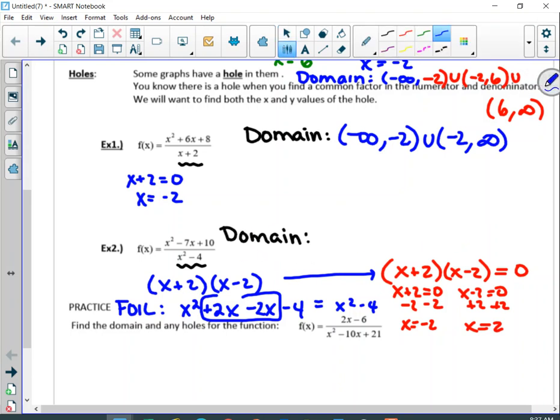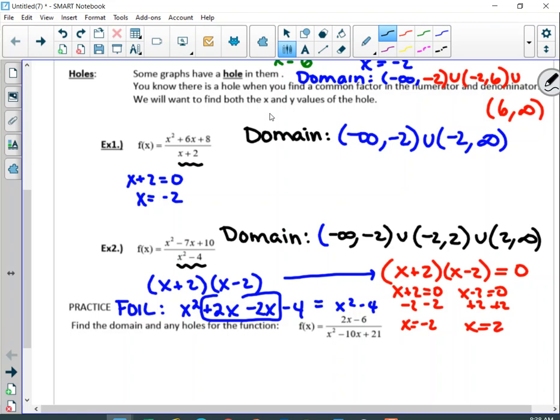Then when I create my domain, I'm going to go negative infinity to -2, and then -2 to 2, and then from 2 to infinity.